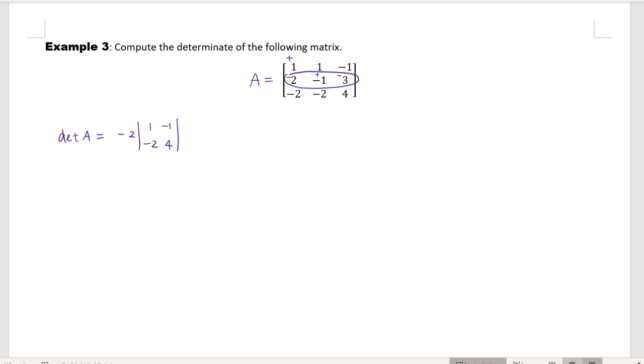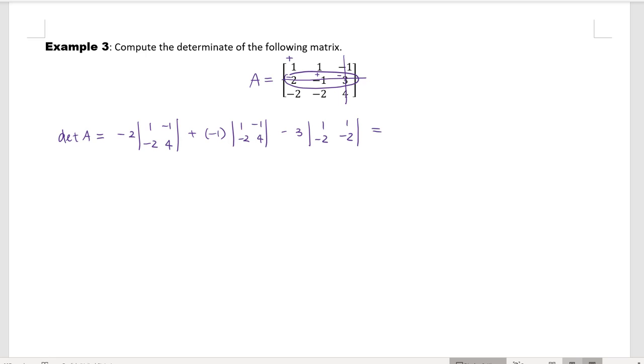And then we have plus -1 times the determinant of the submatrix by deleting the second row and the second column. So we have 1, -1, -2, and 4. And then we have -3 times the determinant of the submatrix by deleting the second row and the third column. We have 1, 1, -2, and -2.